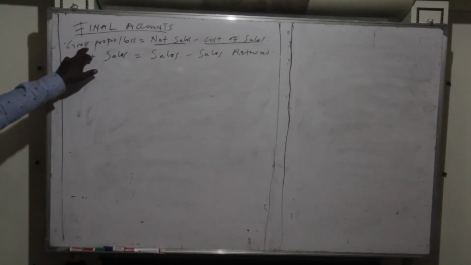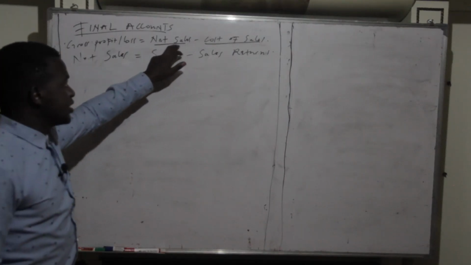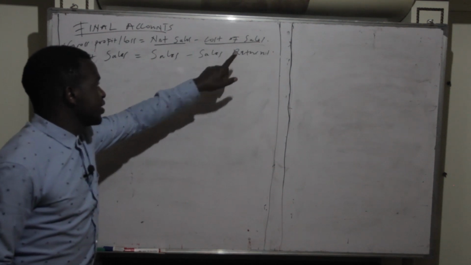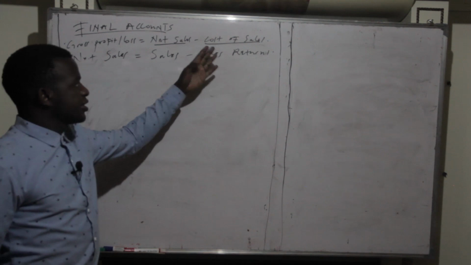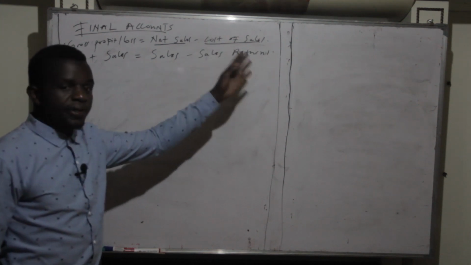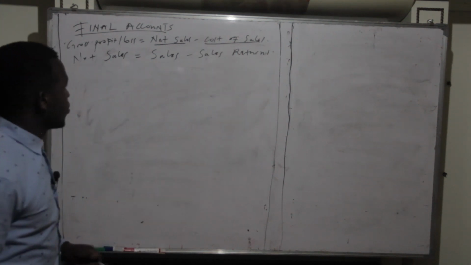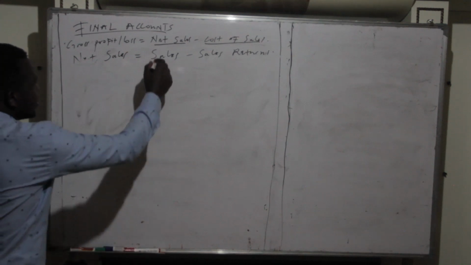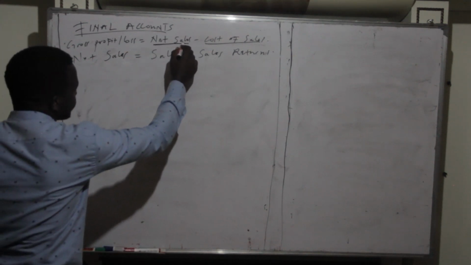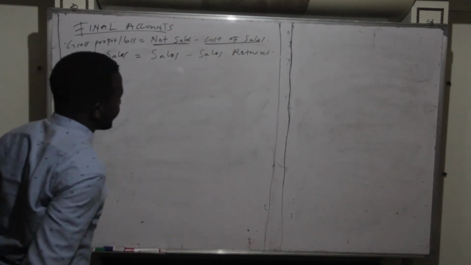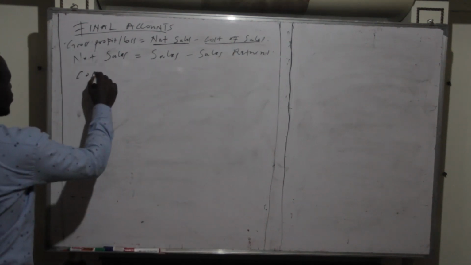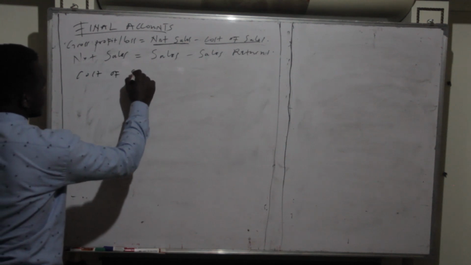Since we have broken down the first part of the formula, let us break down this other part of the formula, which is cost of sales.